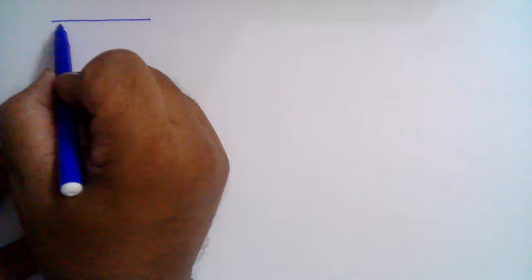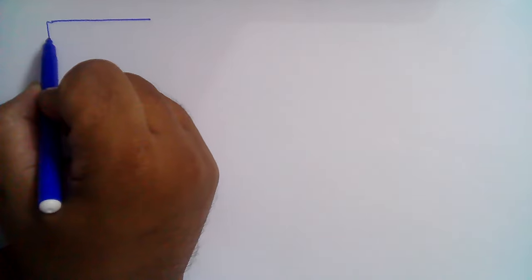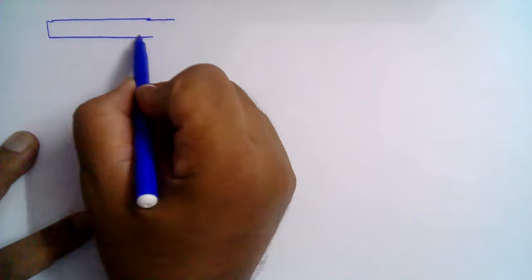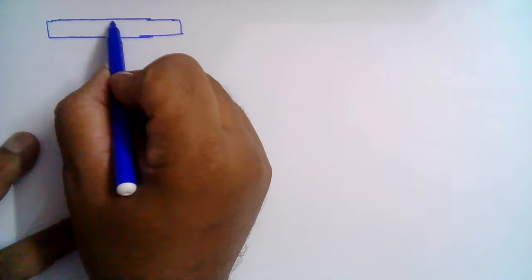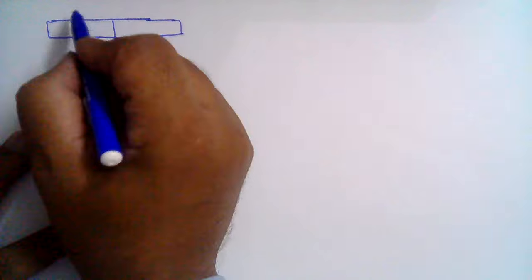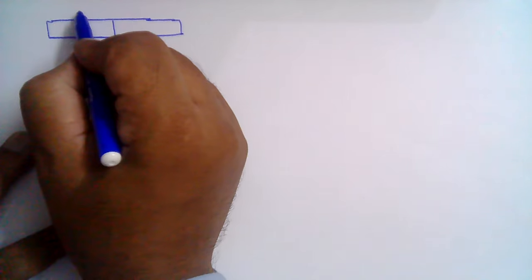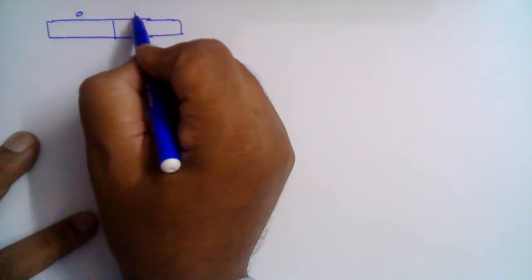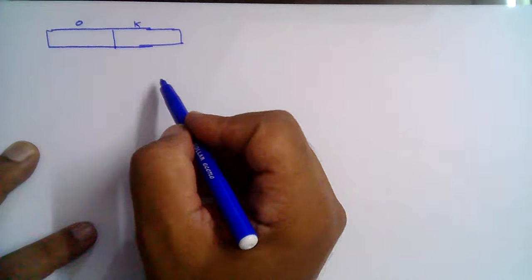So let's suppose we have a plain text comprising of two parts, right? Suppose we have a plain text OK, right? O and K.